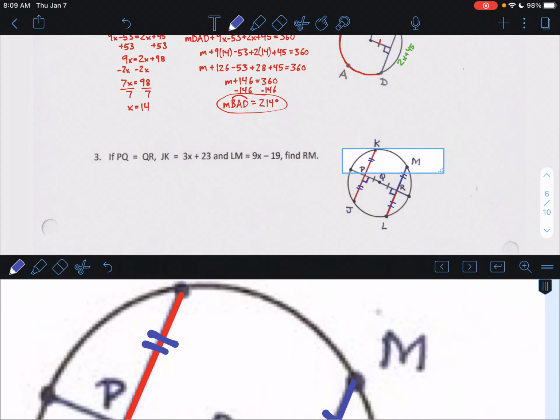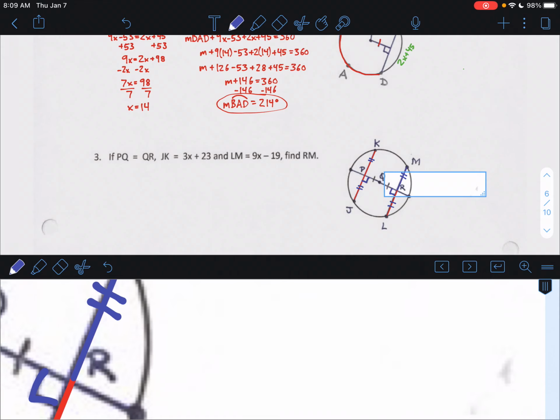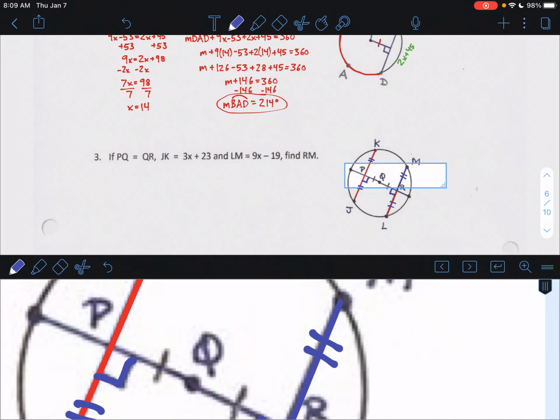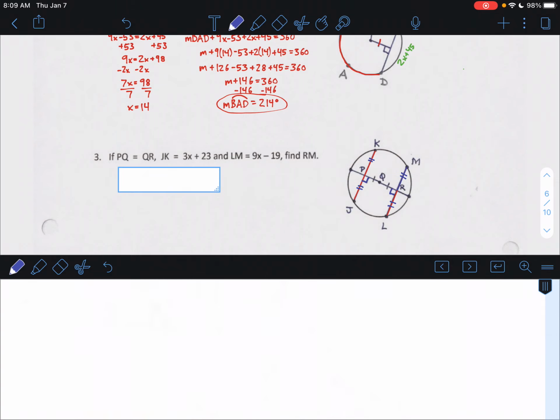So KP will be congruent to MR if I wanted to figure out stuff with that. That's why they're all marked with 2 little tick marks there. As I said, KJ and ML are congruent to one another because of that second property.